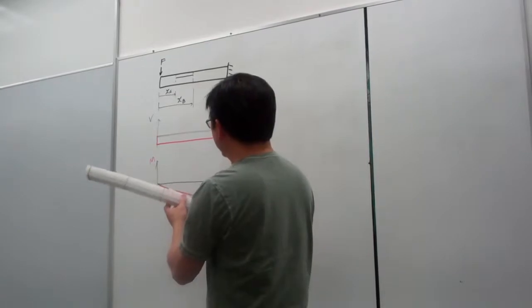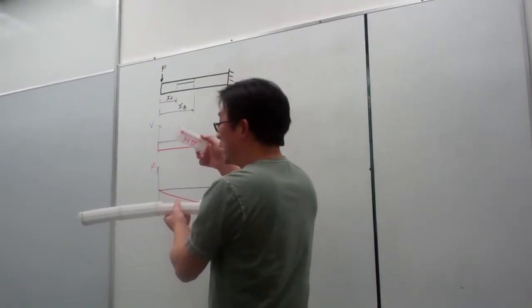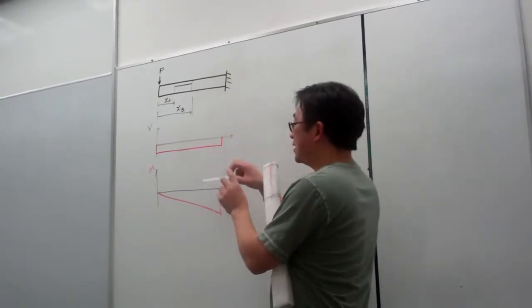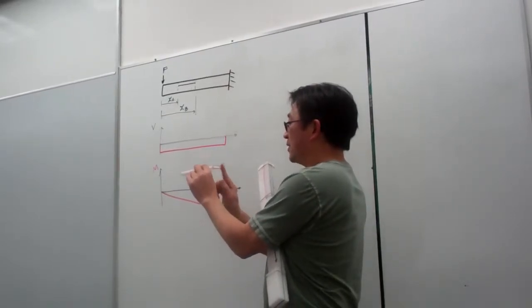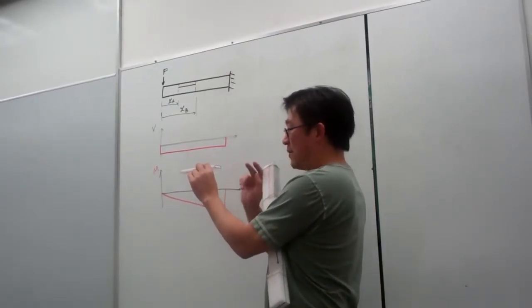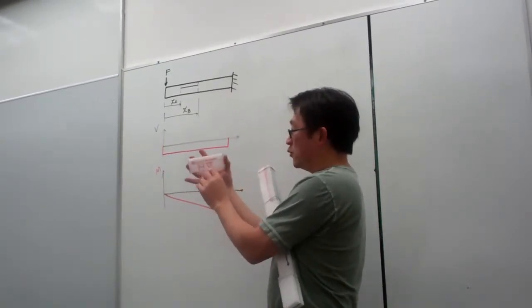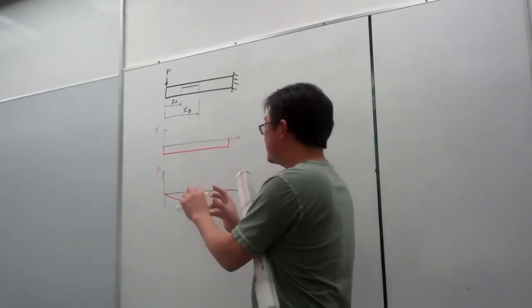So this is not pure bending, so we expect there should be a directional force. And this directional force is obtained by taking the bending stress on this area and the bending stress on this area. This magnitude for this example is bigger, this is smaller, which means we have the force in that direction to balance things.